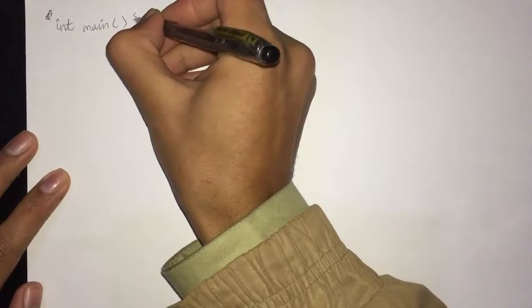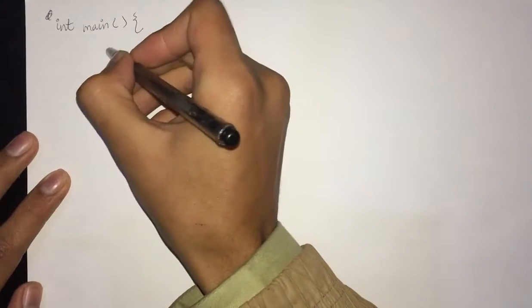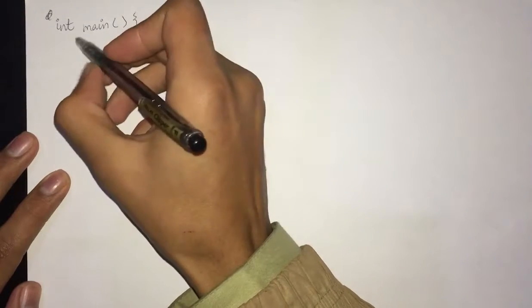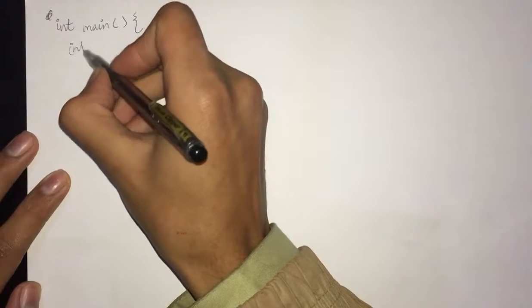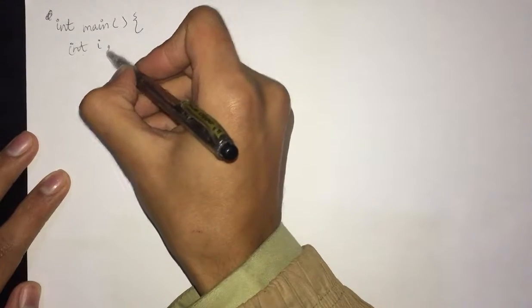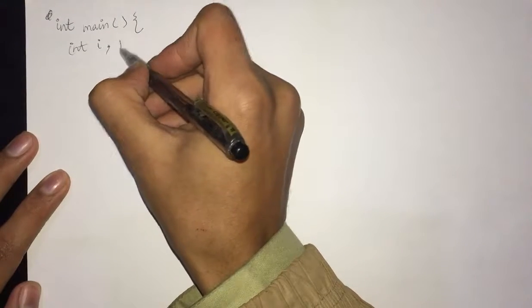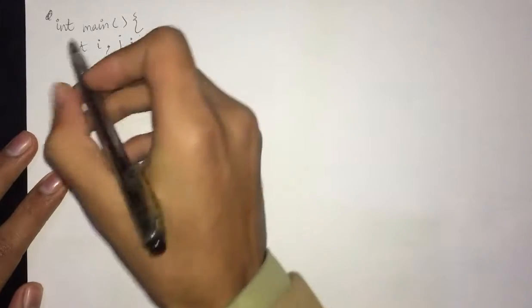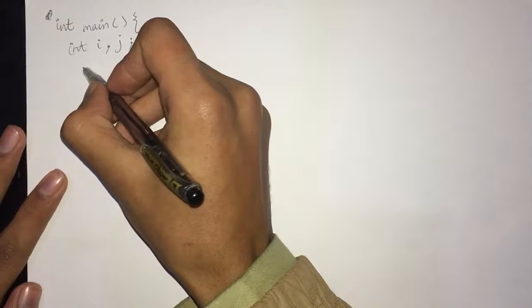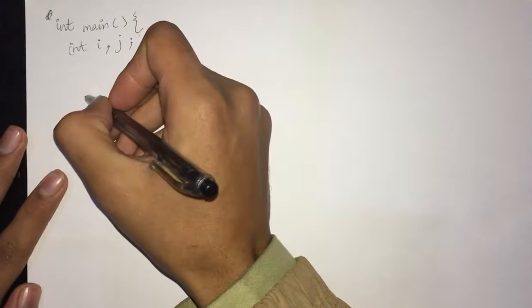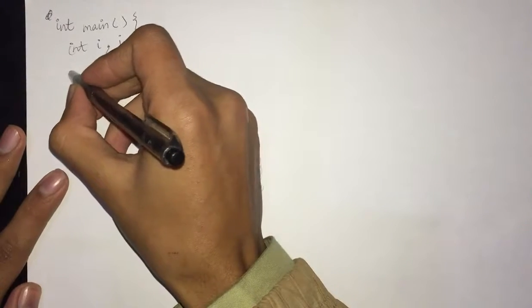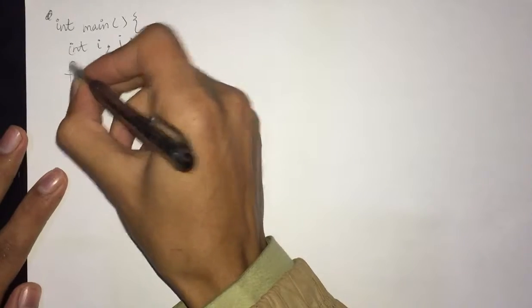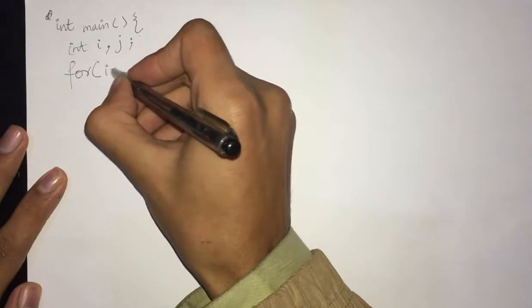Right here we start the function main, then we declare int I, and because we are going to need 2 counters, we declare int I, j. Now we initialize I by 1, or you can do it inside the loop, it's up to you. So I'm going to do it inside the loop, for I equals 1.